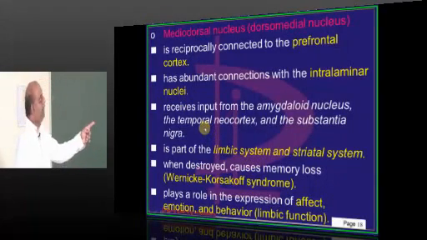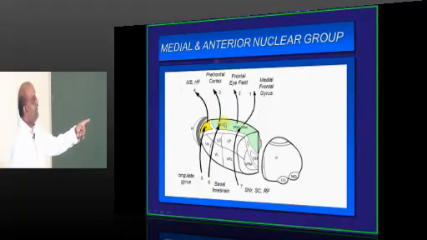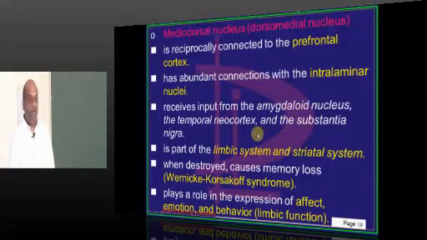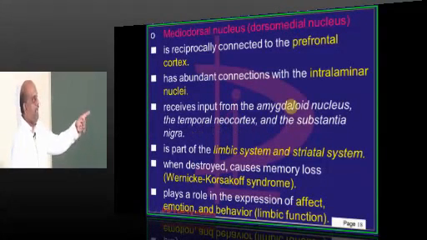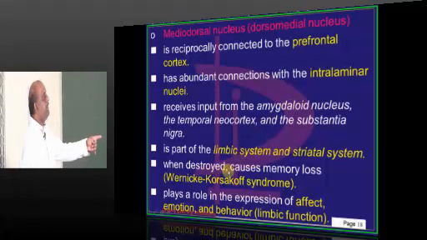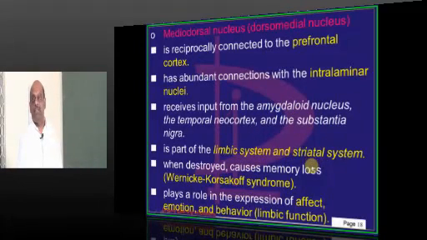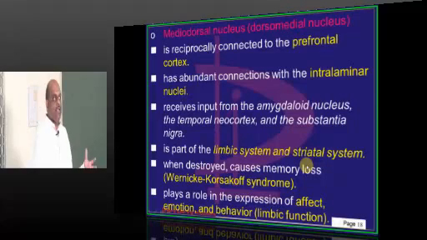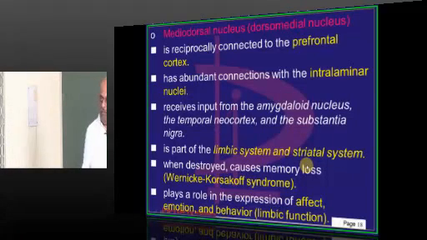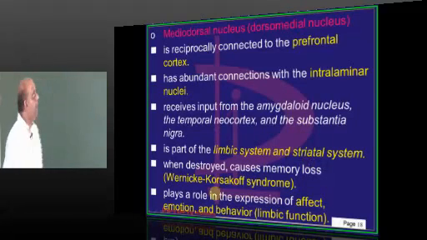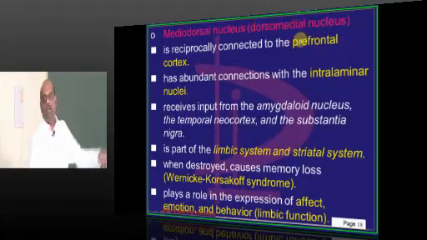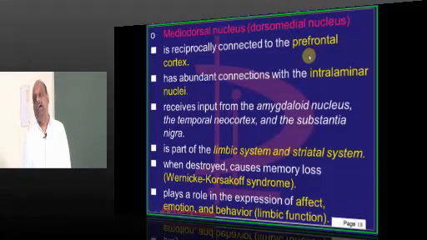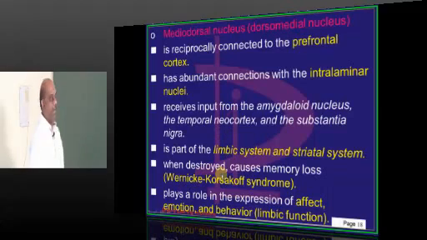It receives input from the temporal cortex, substantia nigra and amygdala. It is part of the limbic system and also the striatal system. The striatal system is our basal ganglia system, the limbic system is our emotion system. The dorsomedial nucleus is associated with both, which you need to remember.